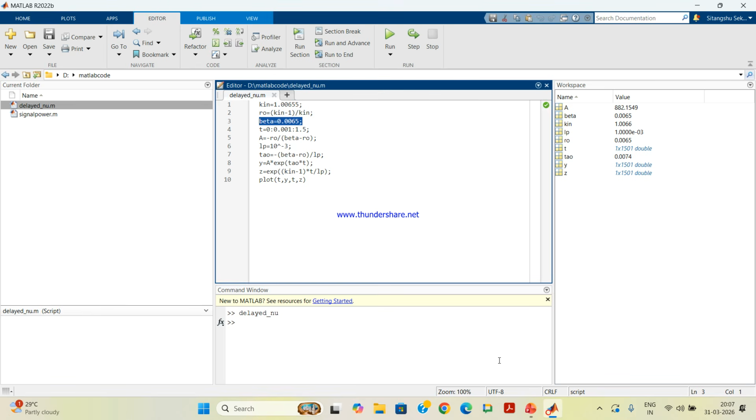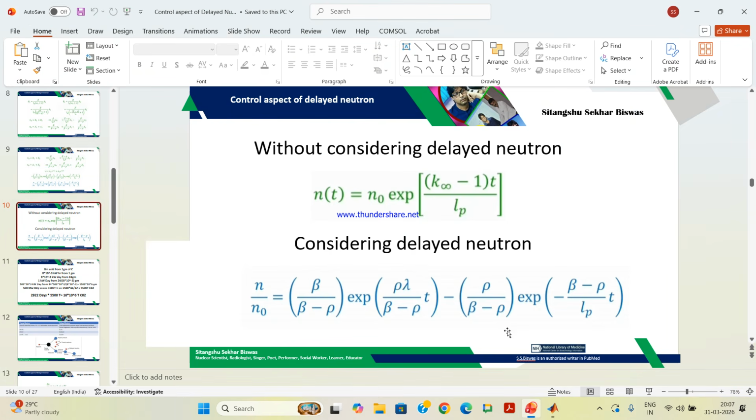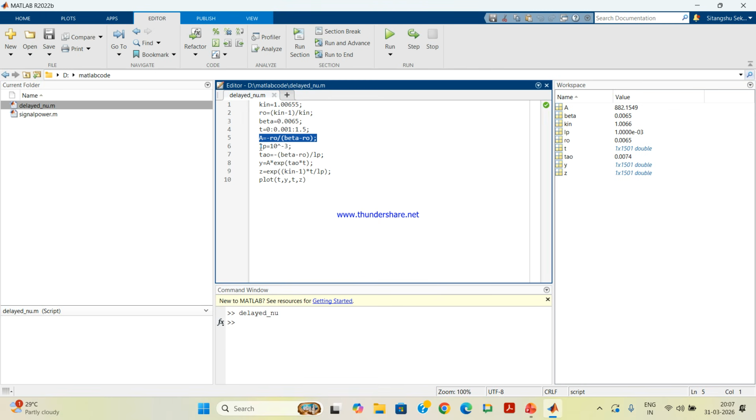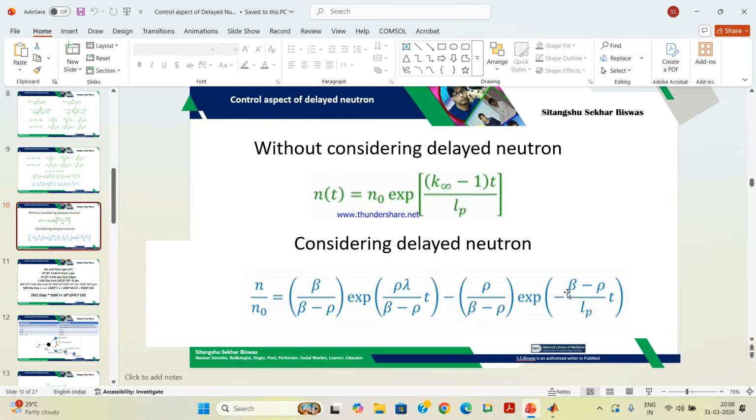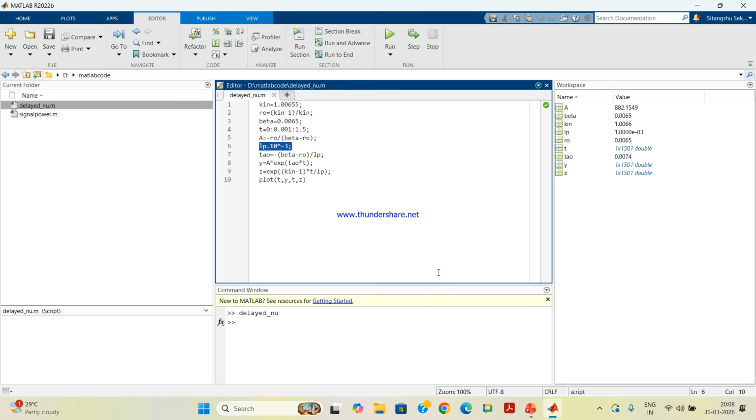So see here, I am plotting both the functions from 0 to 1.5 seconds. I have defined this value a, that is minus rho by beta minus rho, which is this coefficient. Then the diffusion time I have arbitrarily taken as 1 millisecond, and tau means this term, minus beta minus rho by lp.